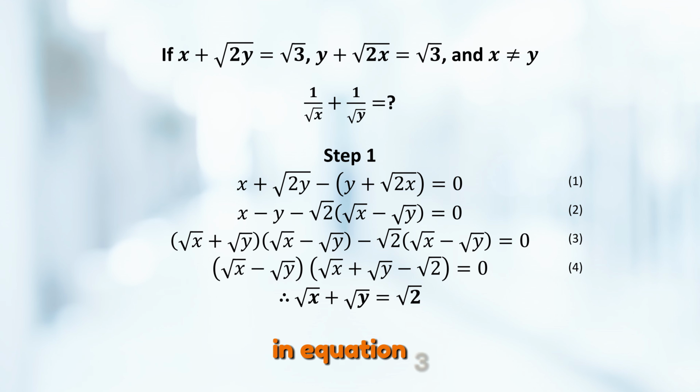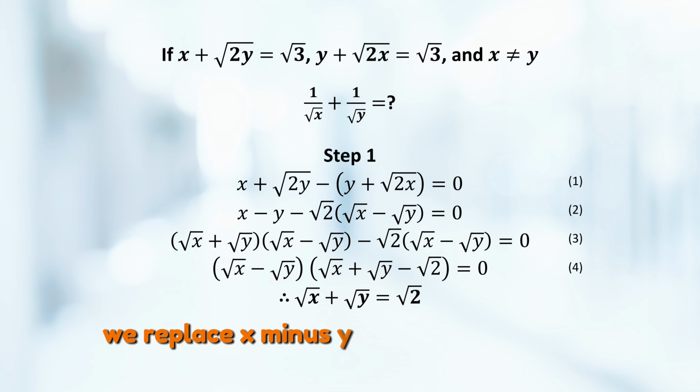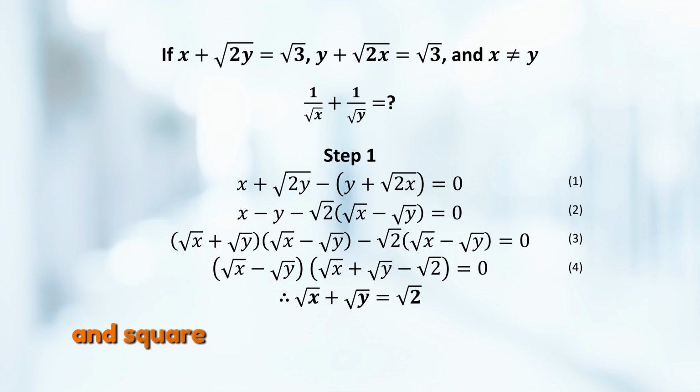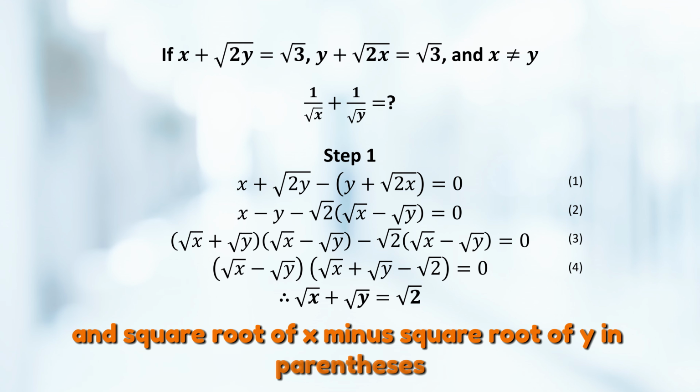In equation 3, we replace x minus y with the product of square root of x plus square root of y in parentheses and the square root of x minus square root of y in parentheses.